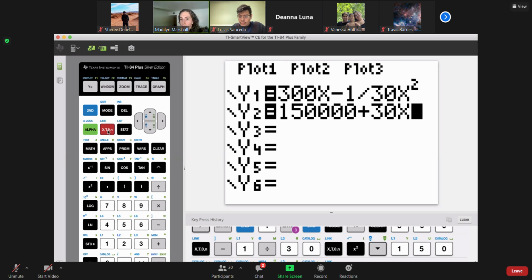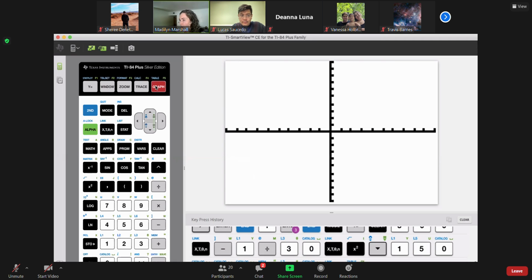So once we get those two, the revenue and cost equations in there, if I just go straight to graphing, the window is probably not right. The standard window is 10 by 10, and this is way off of that. So if we want to change the window on the TI, we go to Window, which is on the top part with all of the graphing buttons.